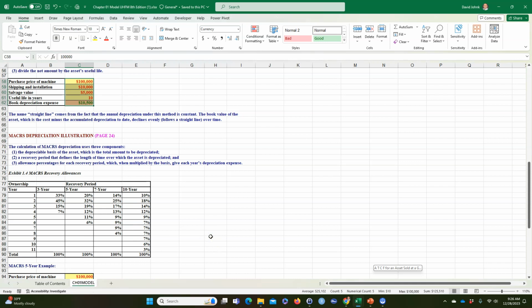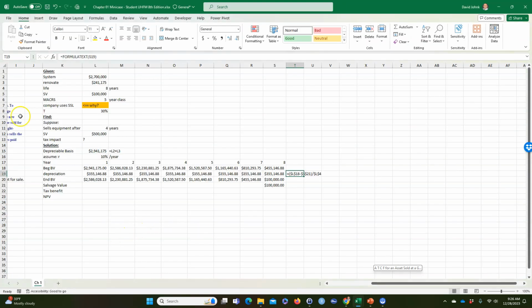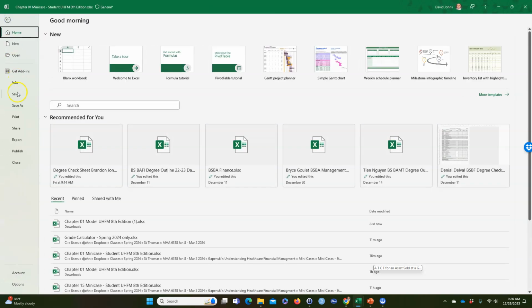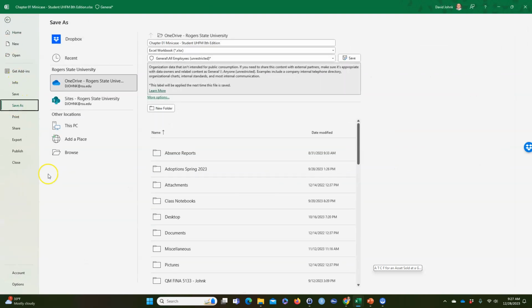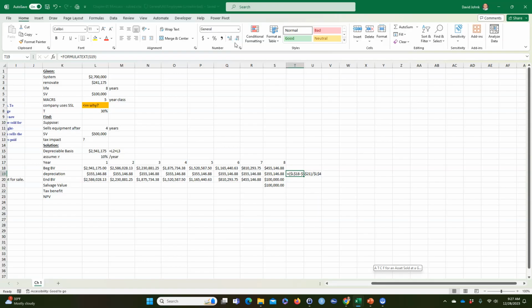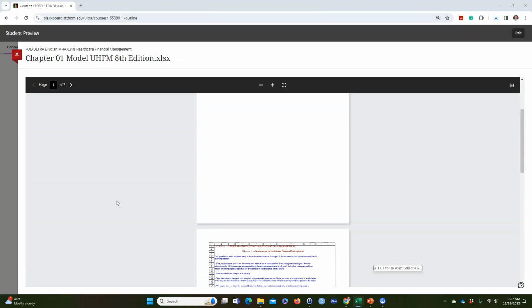Before I do that, I'm going to press Control Tab to go back to my other Excel spreadsheet. Let me save this. I'm going to go File, Save As. We'll say mini case solved. You save it in whatever folder you want. Okay, so now I can go over here.